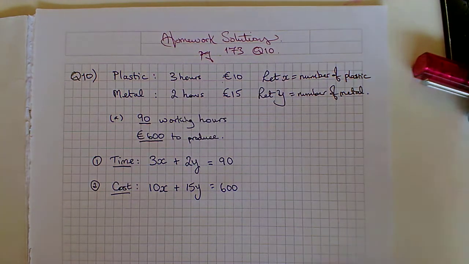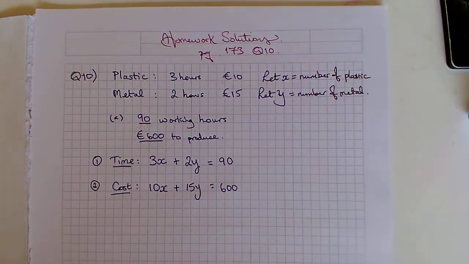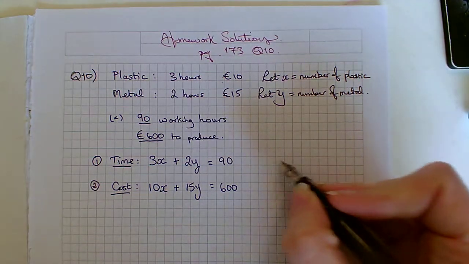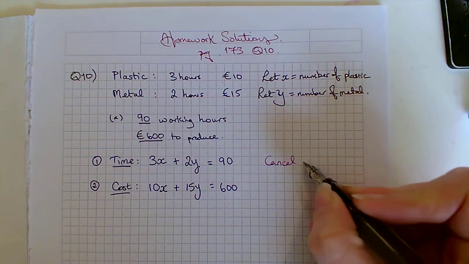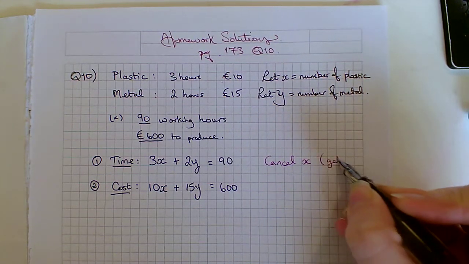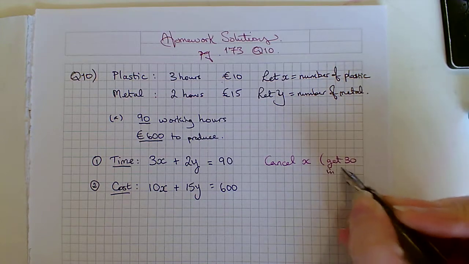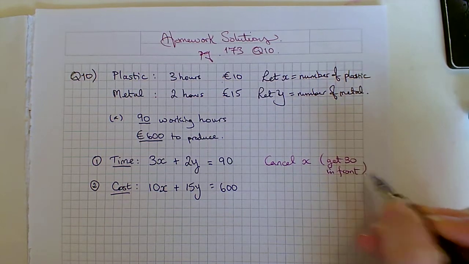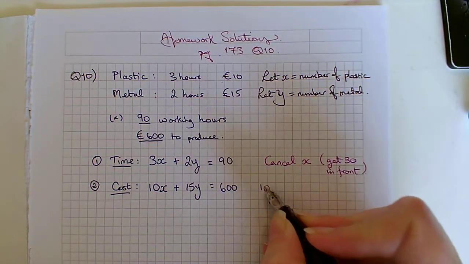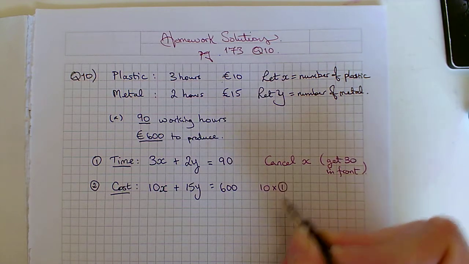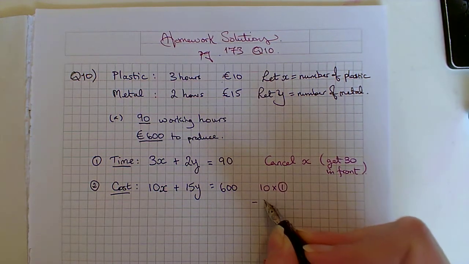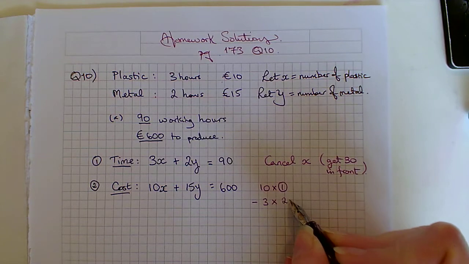I think maybe it being as easy as anything else, we might as well cancel x by making the number in front of both of them 30. So we're going to cancel x. We're going to get 30 in front of each x. And so we will do 10 times equation 1, and then we'll change the sign and do 3 times equation 2.